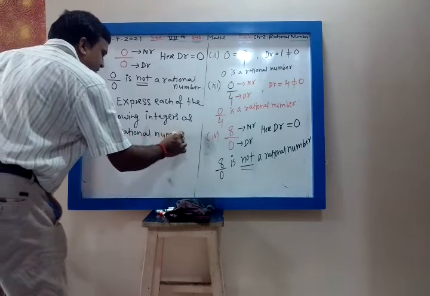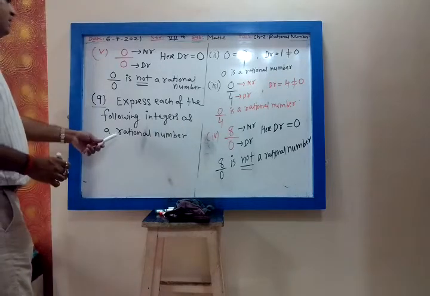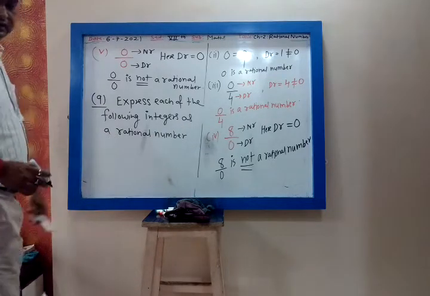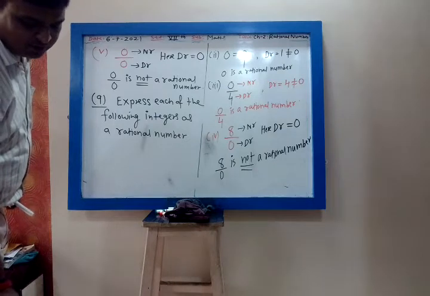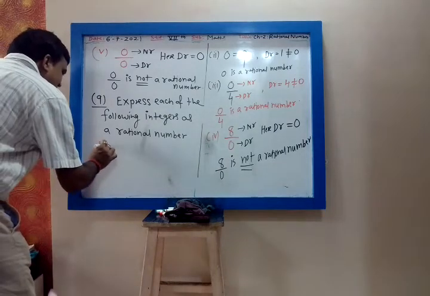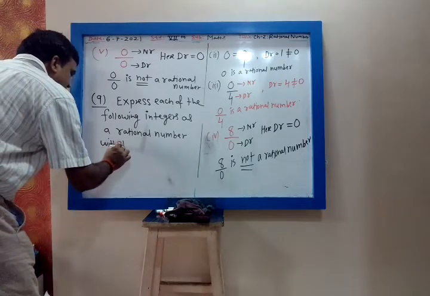You are given an integer. That integer you have to express as a rational number. But what rational number? With denominator 7. You should have 7 in the denominator.